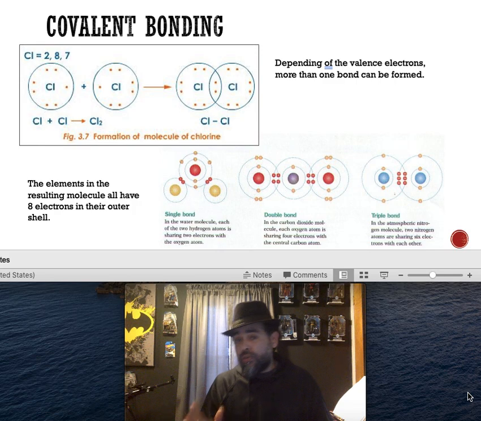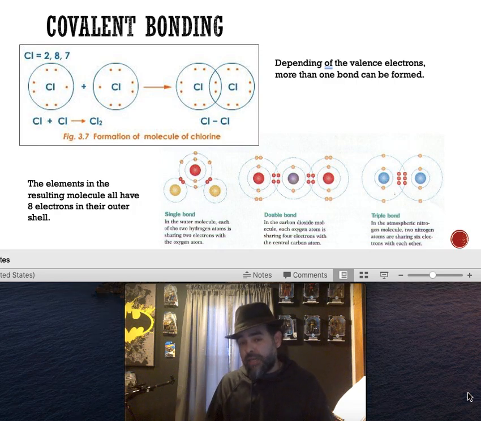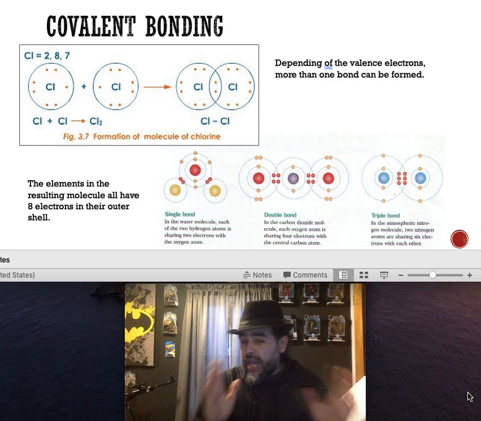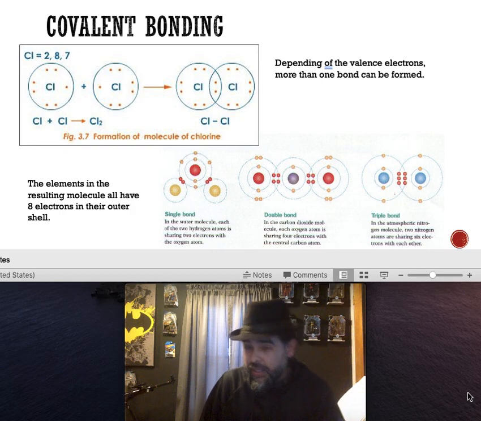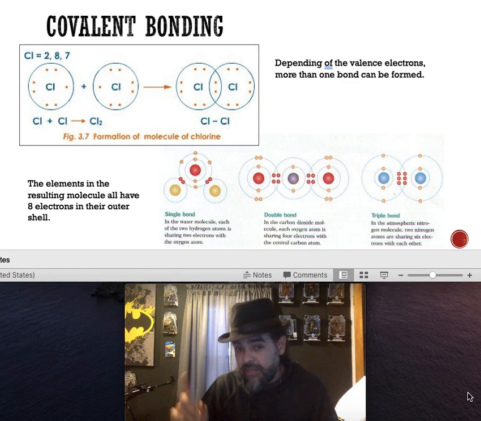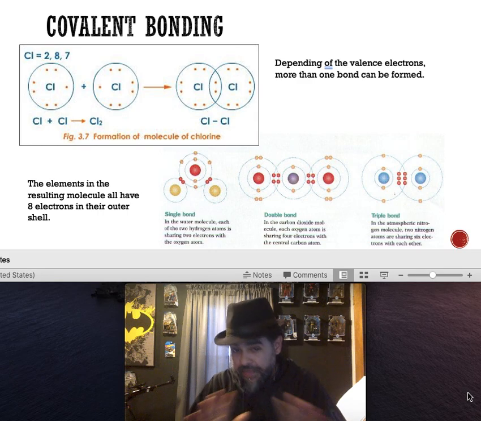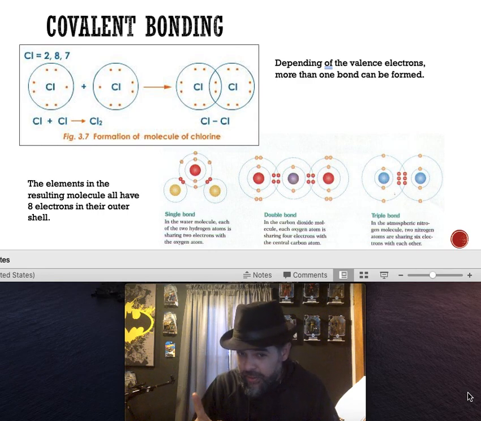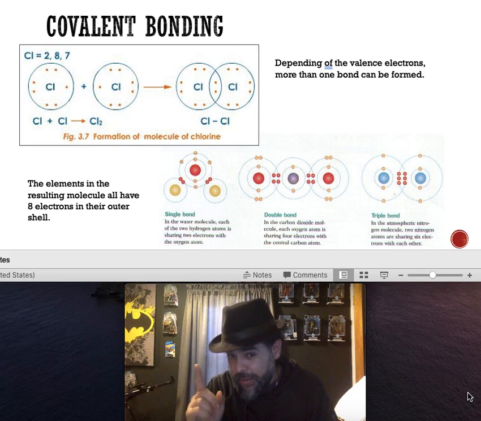Another thing to remember is that we have atoms that are considered metals and atoms that are considered non-metals. Covalent bonding occurs between elements that are non-metals. So, a very strong bond, sharing of electrons between a non-metal and another non-metal.